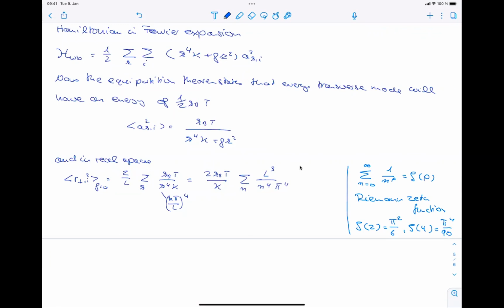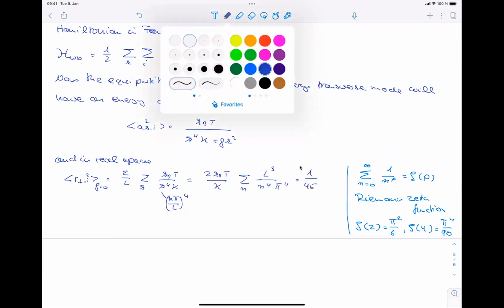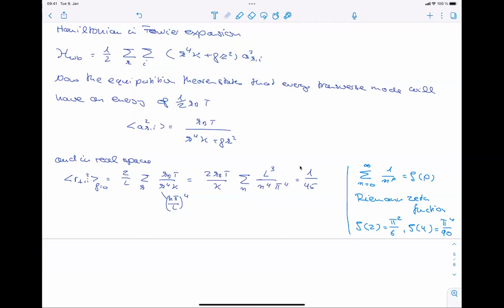Which is the case that we have here, right? So if we plug this in, we see that this is 1 over 45. Let me identify, this is 1 over the persistence length. The pi's cancel out, and we're left with L to the 3 over L_P.